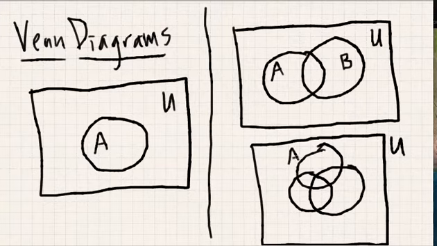This one I'll call A, this one B, and this one C. This is about the best picture that we can draw for that number of sets. Once you have four or more sets, it's really hard to draw the most general picture that can exist. But anyway, this is just a way of saying A is a set in U, A and B are sets in U, A, B, and C are sets in U, etc.